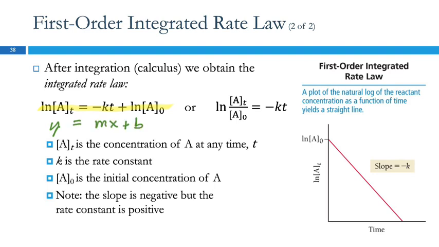Your y equals mx plus b is the equation for a line. So here's b, the natural log of A0. X is time, y is natural log of A at time t, and the slope is negative k. The rate constant is positive, but the slope is negative. And it's just calculus. We're going to say, we believe you, okay?